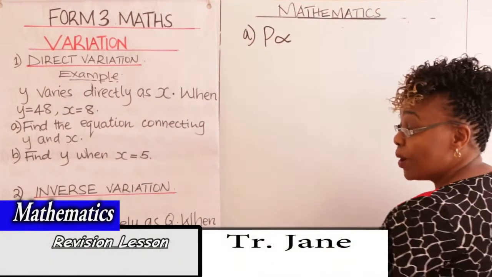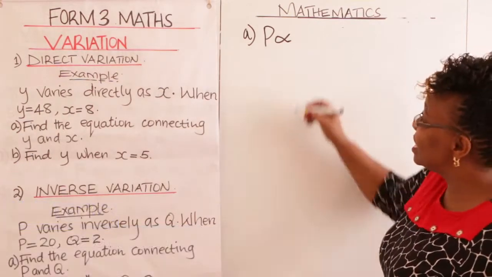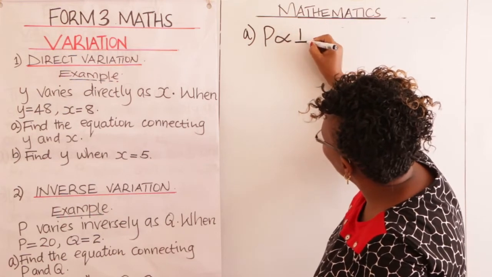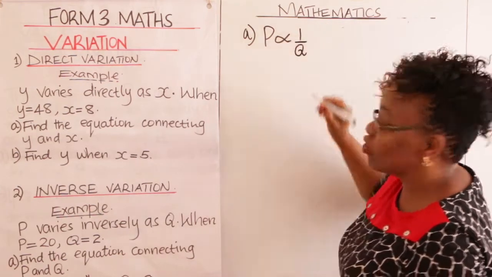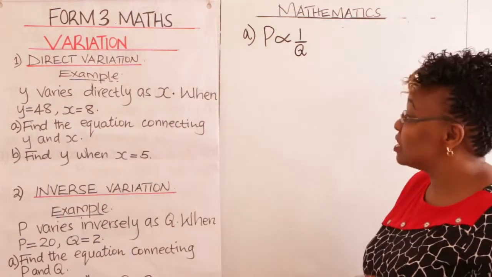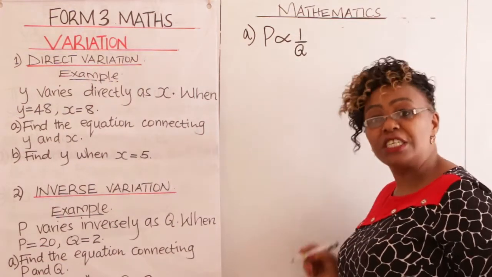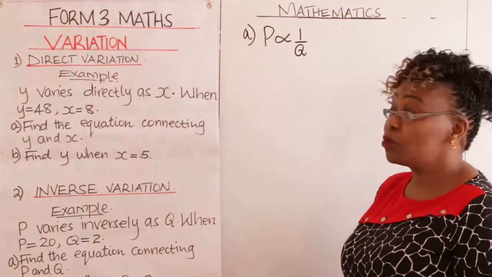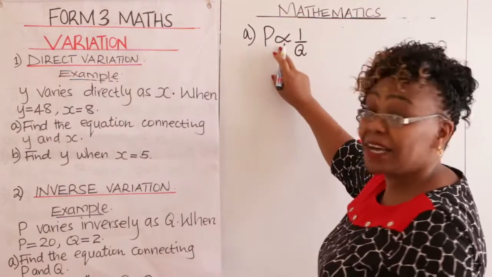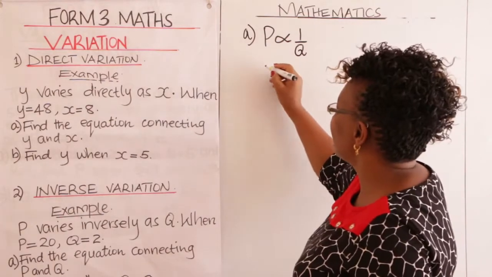Then, when it is inverse, learner, on this other side you write a fraction, 1 over the second quantity. Note that. When it is inverse variation, you write this side as 1 over the second quantity. From there, learner, you introduce equal to here, just like we did in direct variation.